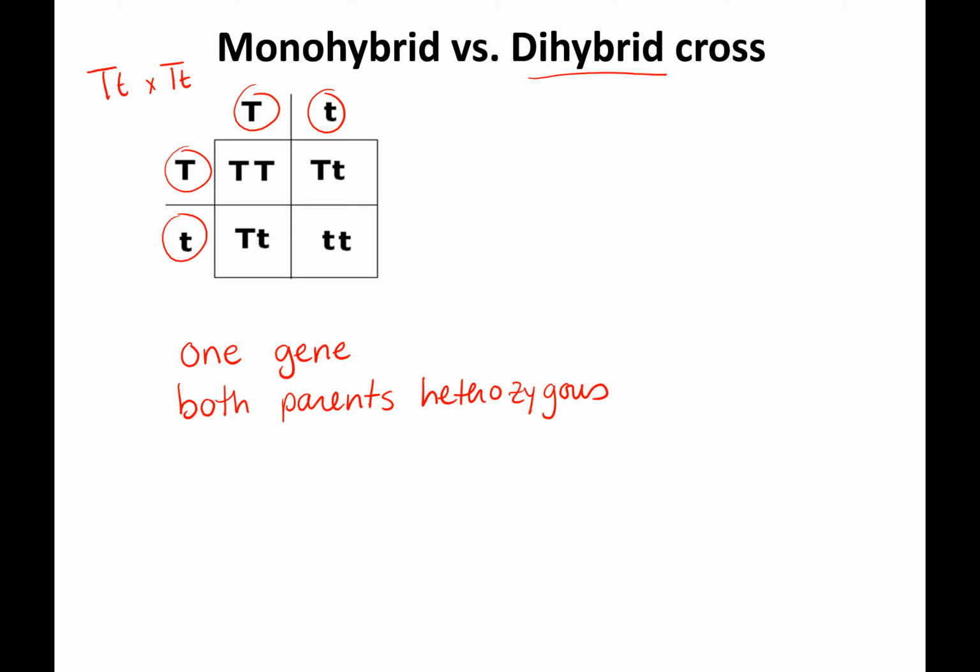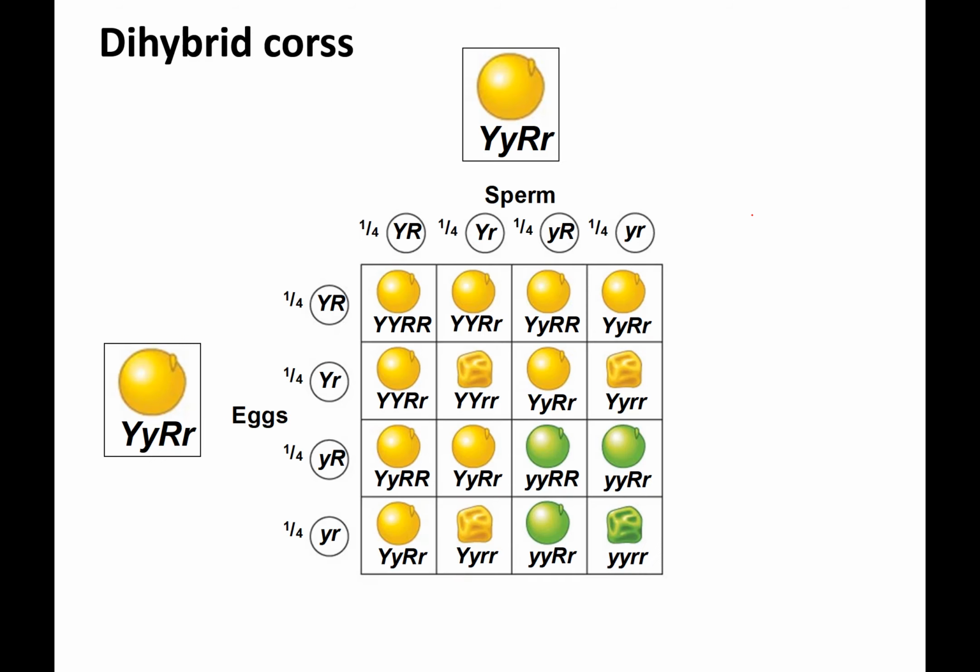A dihybrid cross means two genes, both heterozygous. Well, let's look at that. This is a dihybrid cross. So both parents have two genes, the Y gene and the R gene, and both parents are heterozygous for both genes.